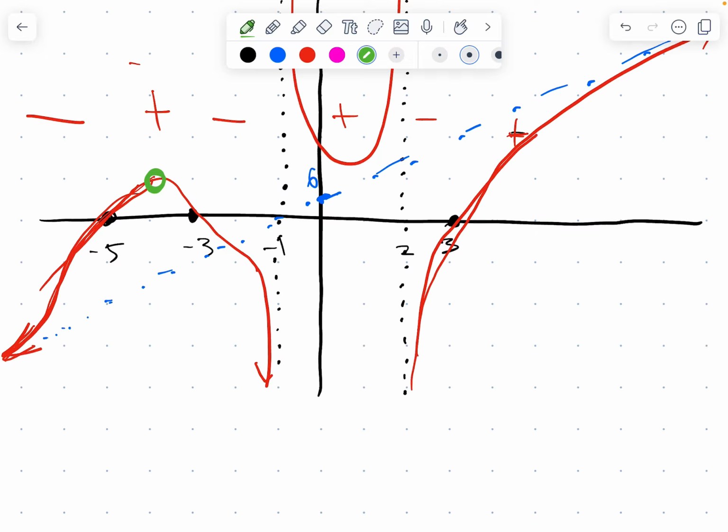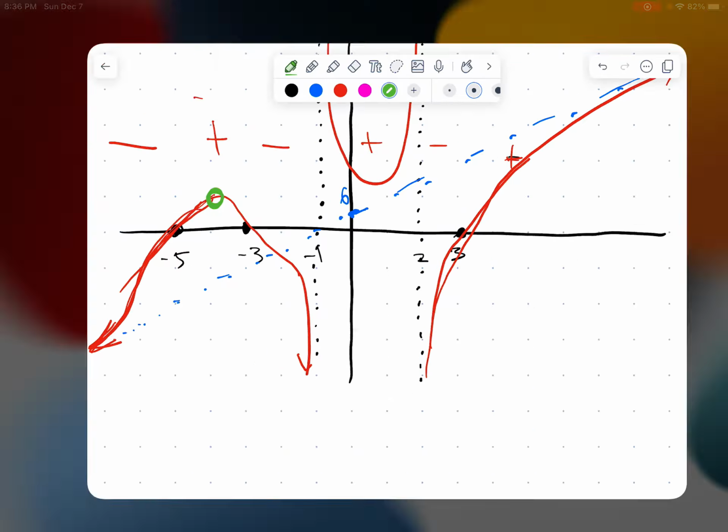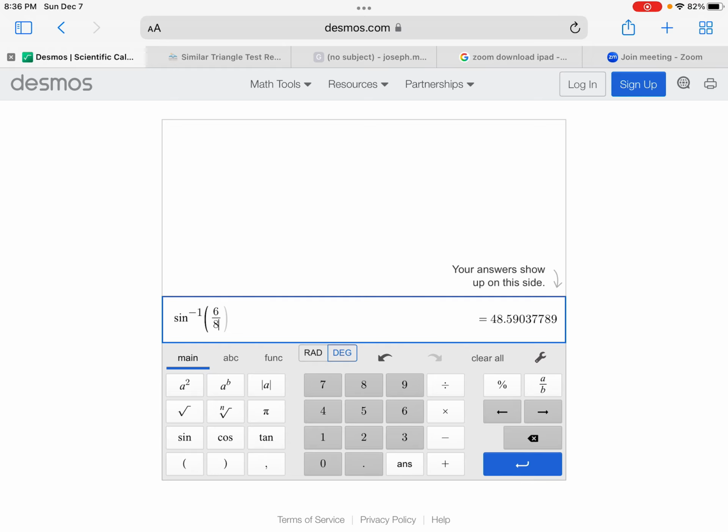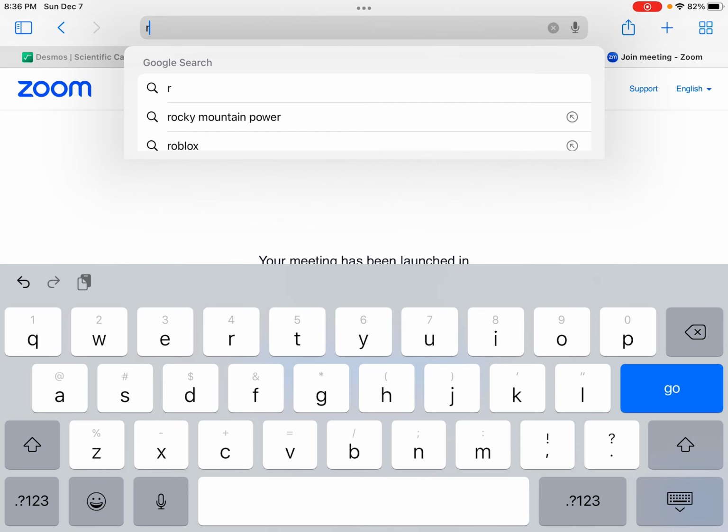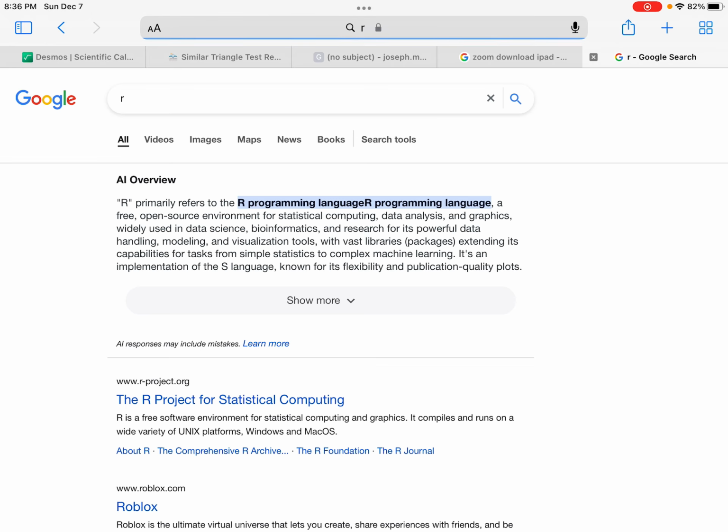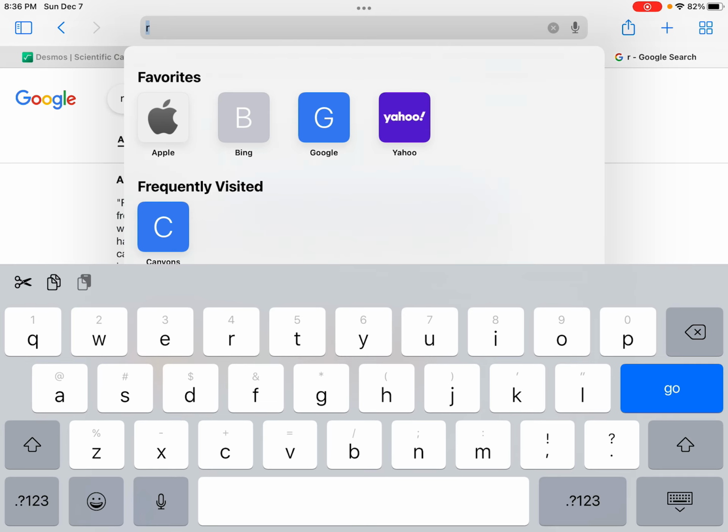Before we close, let's check what this looks like on Desmos really quick and see how close we got. So on Desmos, let me try this one more time.